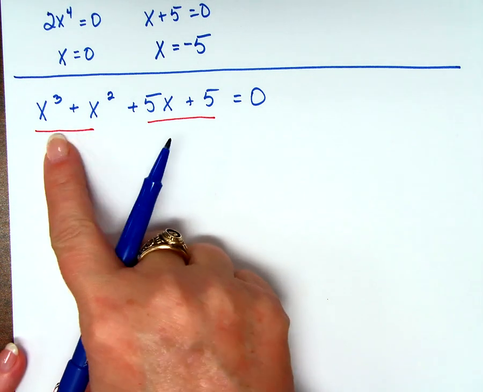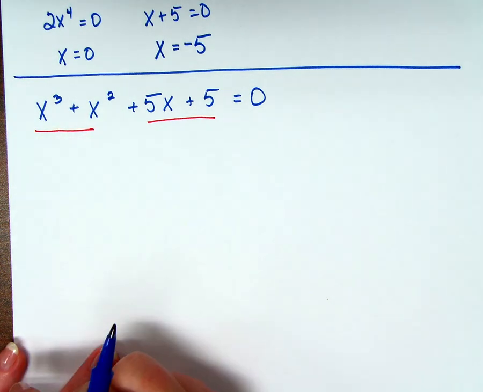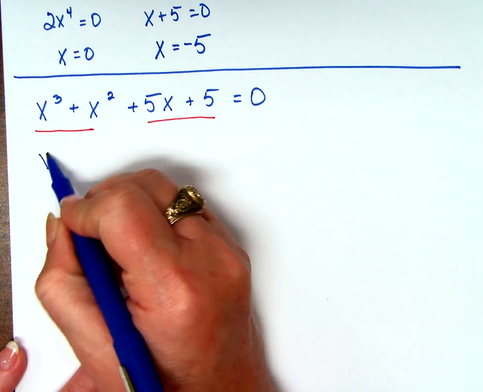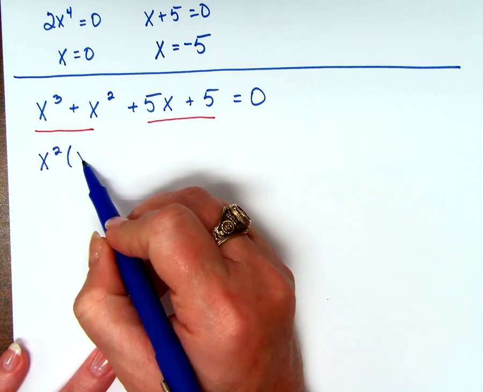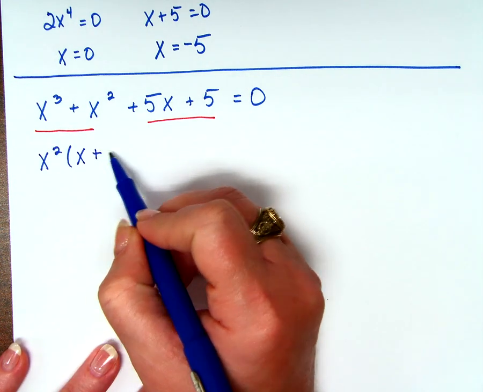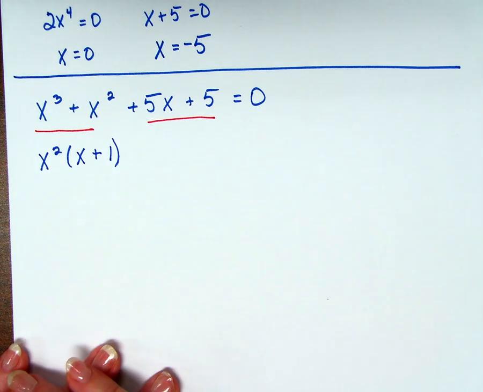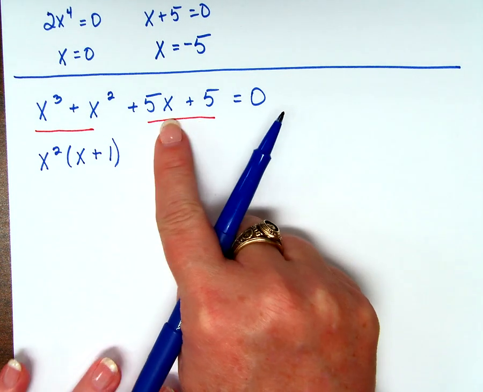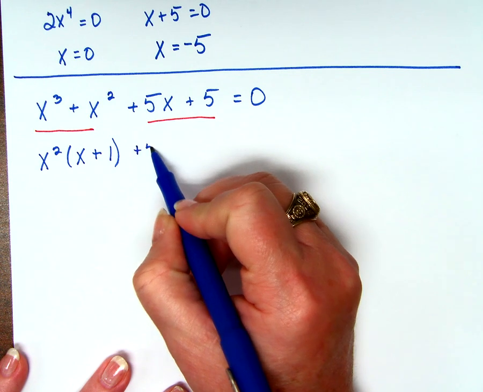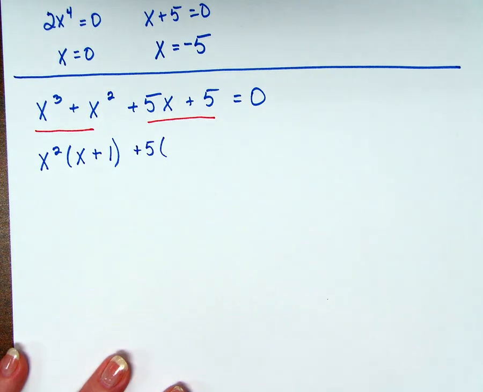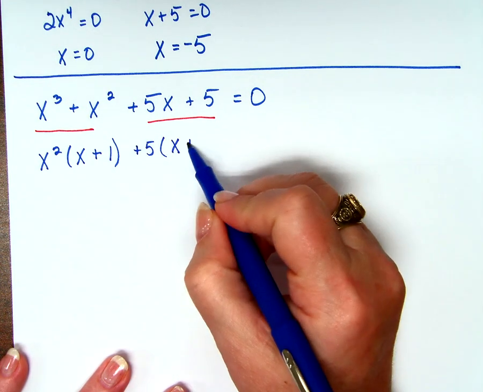What's the greatest common factor between the first 2 terms? X squared. If I divide an x squared out of each term, what's left? X and 1, right? What's the greatest common factor in the last 2 terms? 5. If I divide out a 5, what's left? X plus 1.